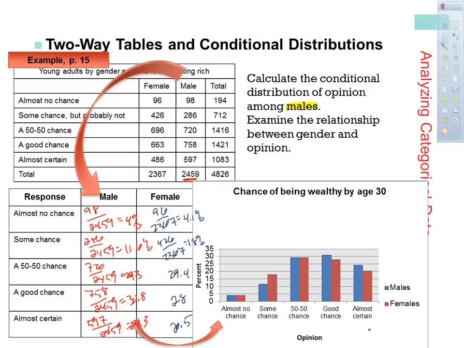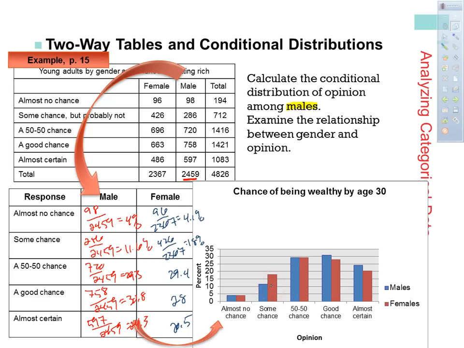Well, I'll give you a second to look at that. What do you see? Well, as we get into the good chance to almost certain chance of being rich, look at the difference here, right? There's a higher percentage of males that feel that way than females. And if you scroll down the line to the other side here, it's vice versa, which would make sense, right?